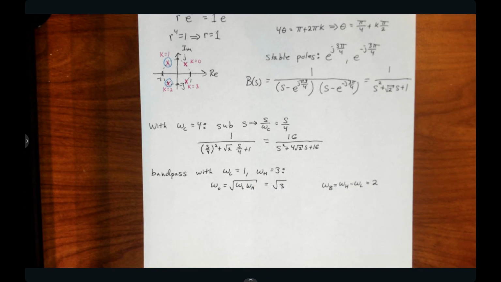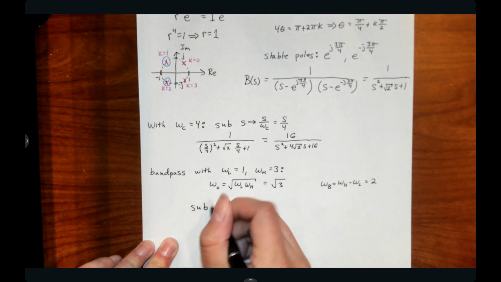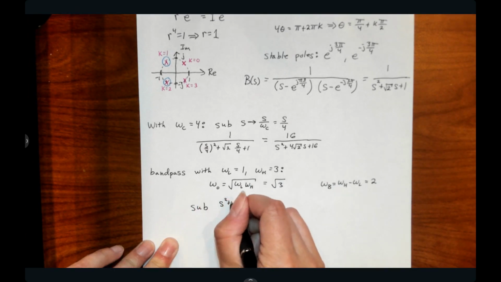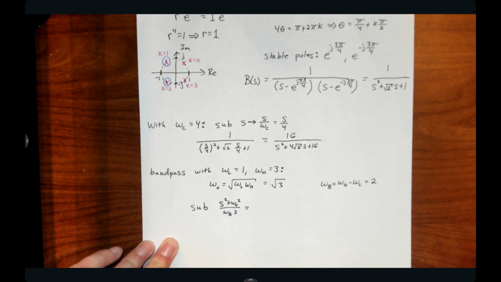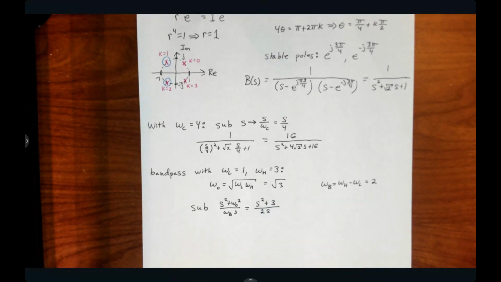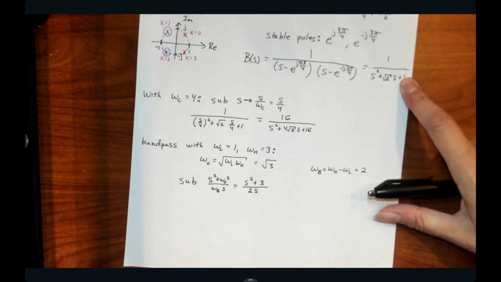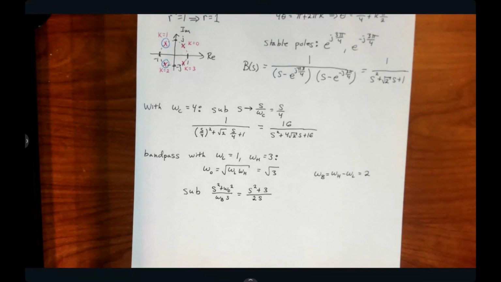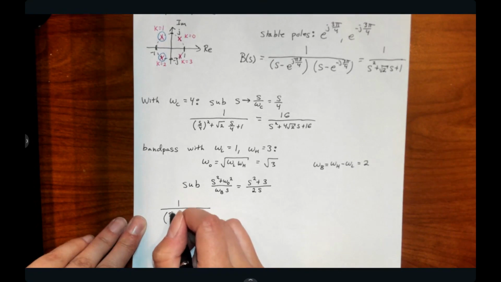And so to get this filter, what we're going to do is substitute in s squared plus omega 0 squared over omega b s, which for this case, our omega 0 squared is 3, omega b is 2. All right, so we make this substitution into our original B of s that we have up here. So we have 1 over s squared plus 3 over 2s squared.